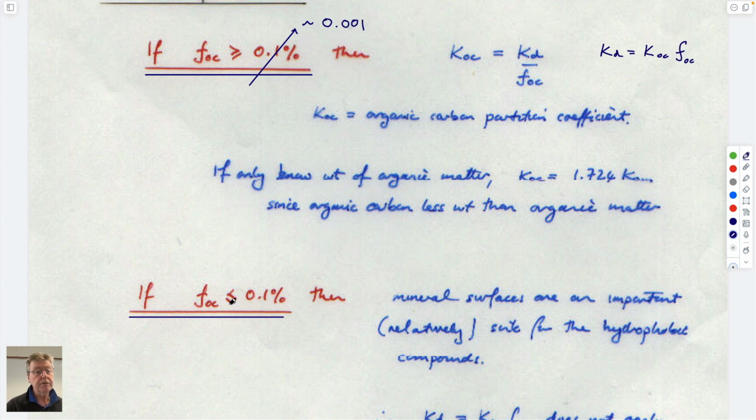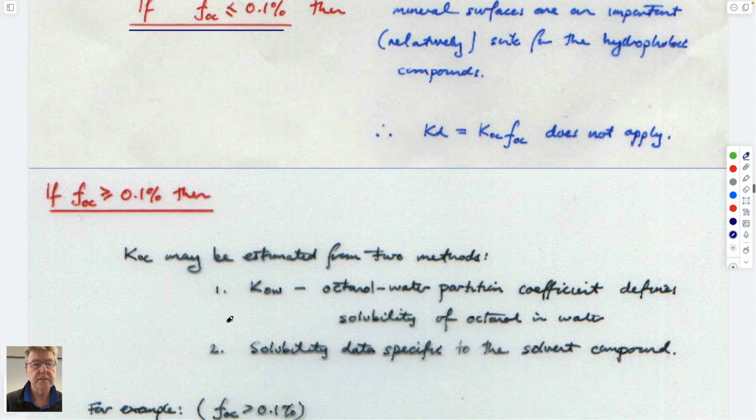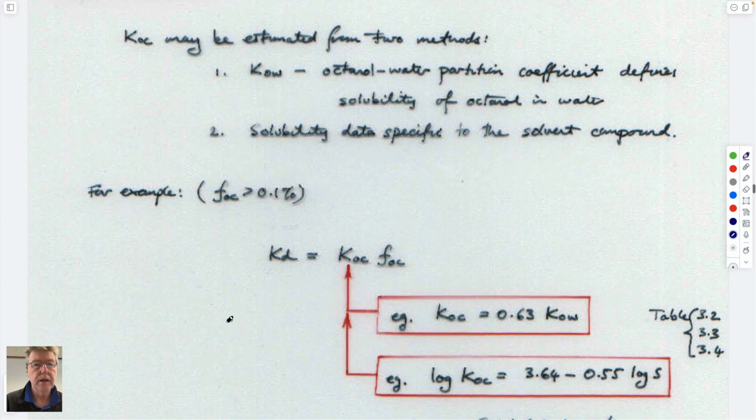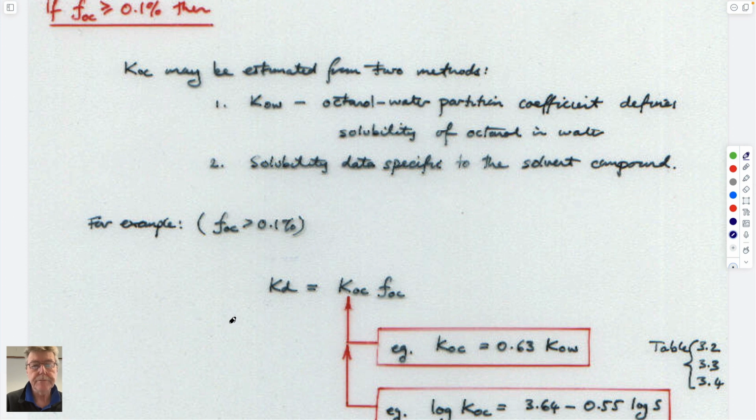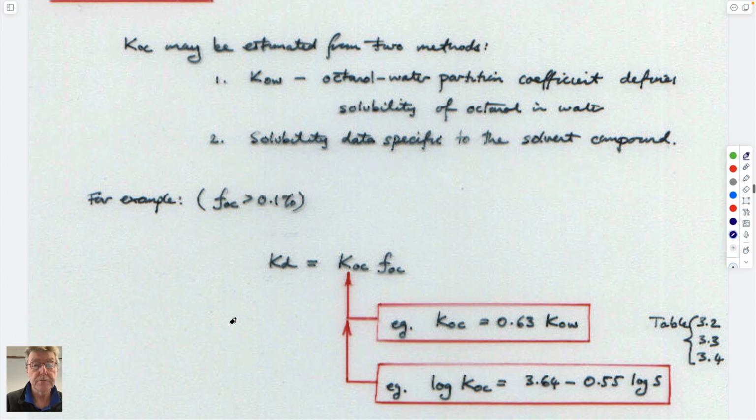But some of the material gets sorbed onto the quartz grains. If you don't allow for that by using these equations when the organic carbon is small, it will give you the wrong result. So that's the caveat.